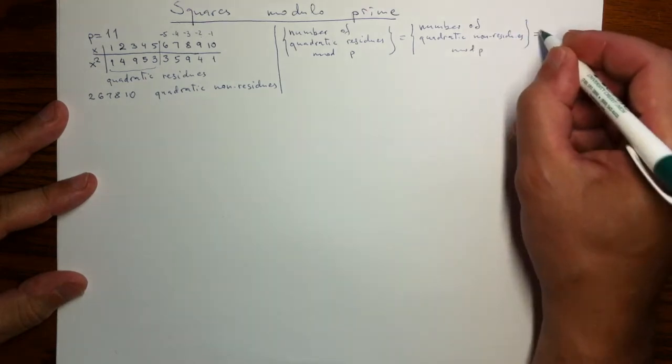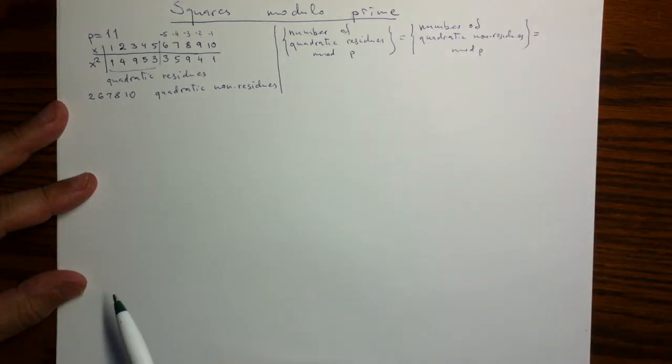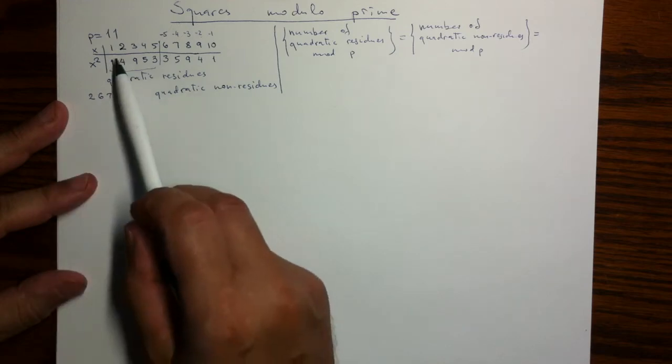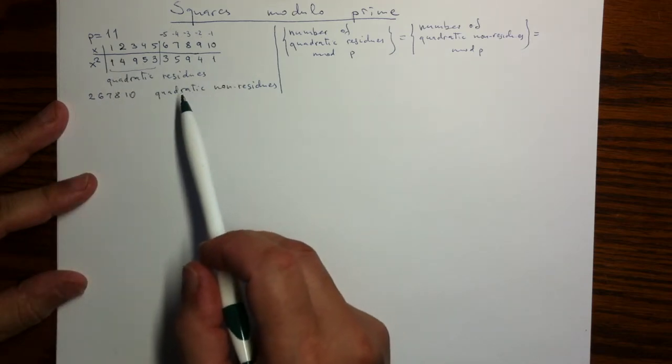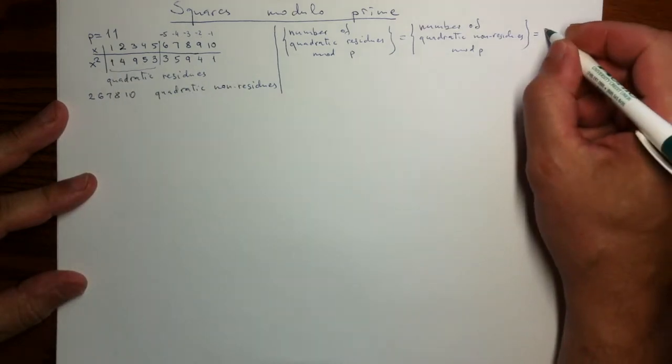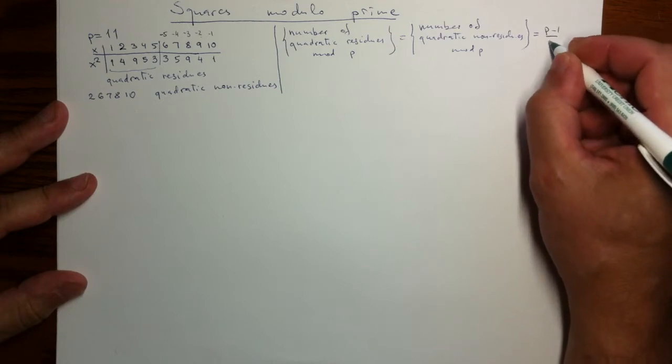The total is prime minus 1, so we know that each of them is (prime minus 1)/2.